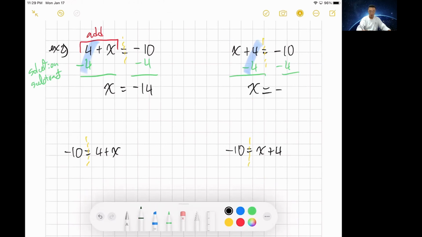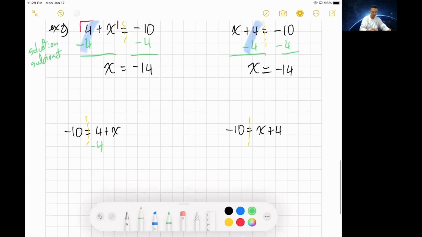x equals negative 14. Again, I'm focused on this relationship. That is addition. I'm going to subtract 4. x equals negative 14. I'm focused on this relationship right here. That's x plus 4.